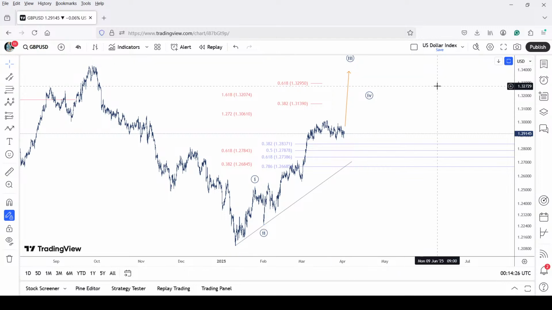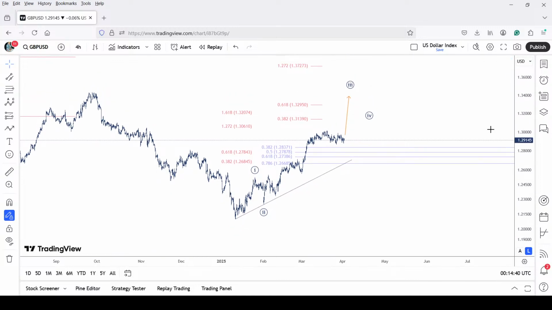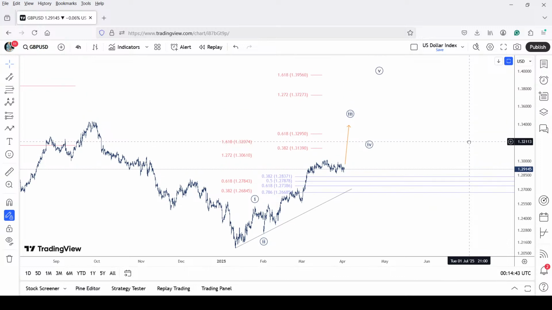And by the time the complete five-wave minute structure completes, we should be somewhere around 1.37 up there, 1.37, 1.39. All right.